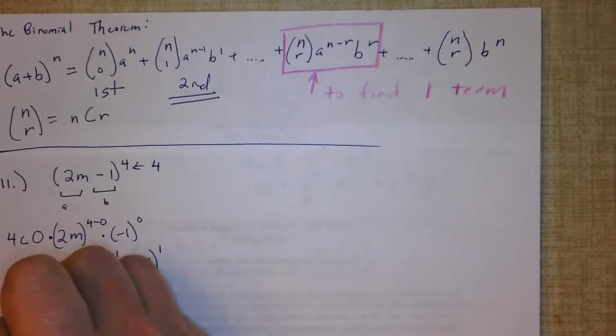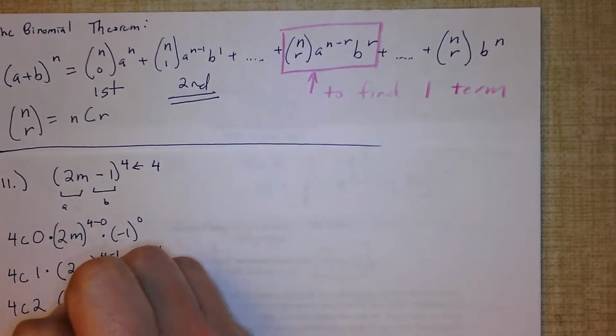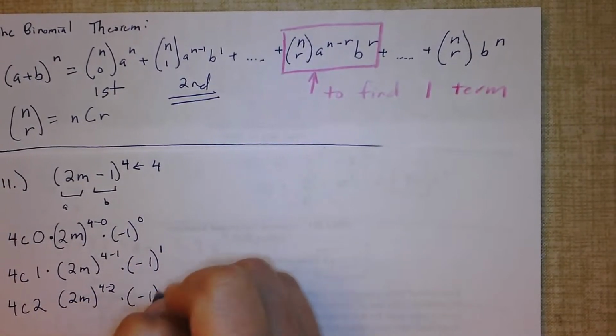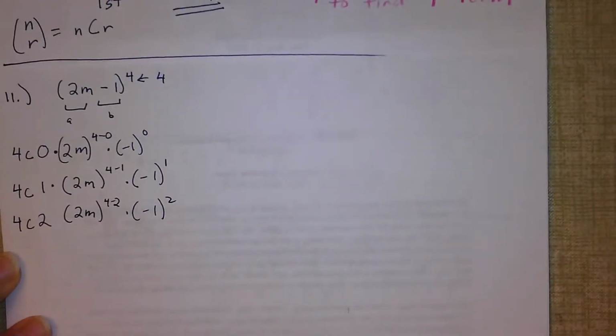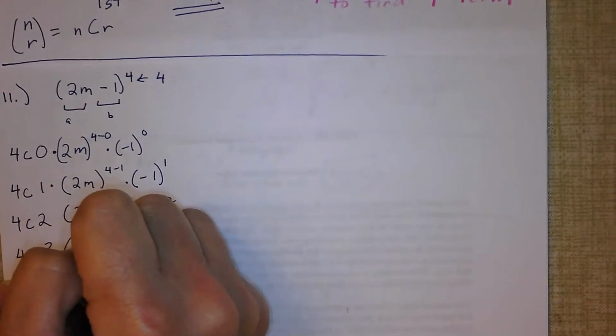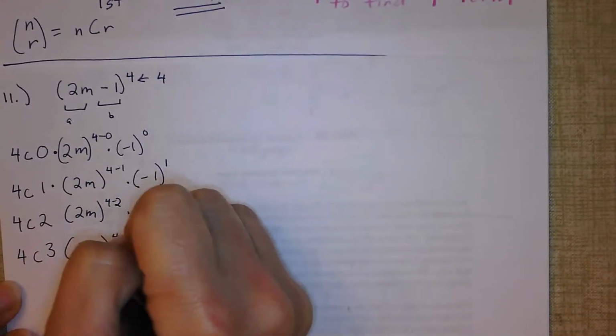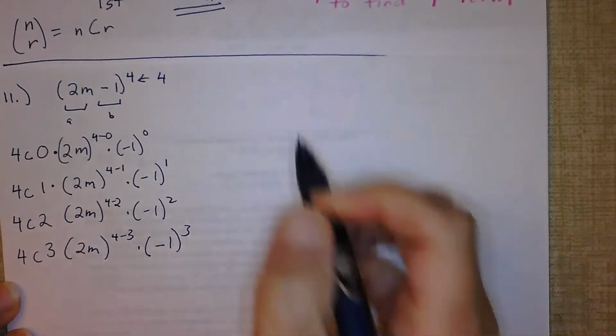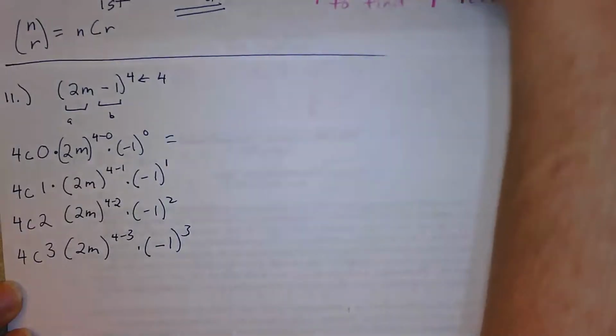Now I'm going to change my r to 2. Now I'm going to change my r to 3. All right, and so now I'm going to do each one individually.